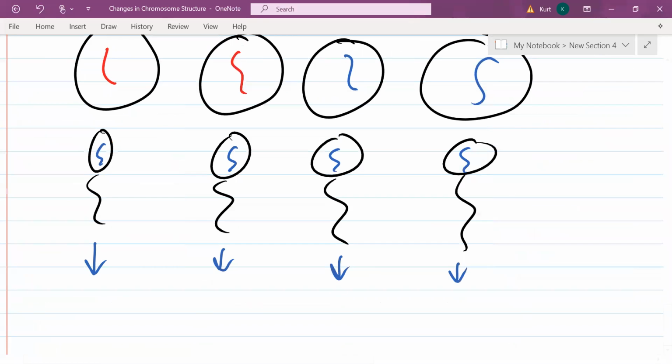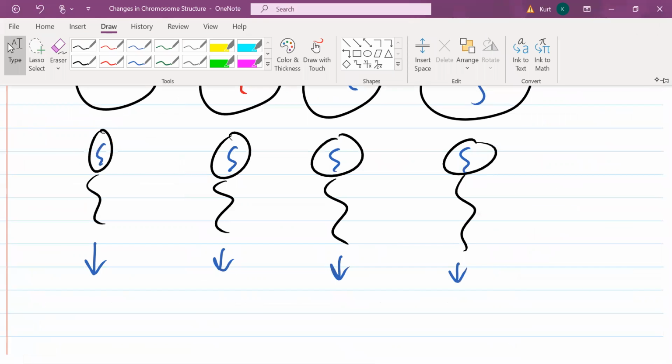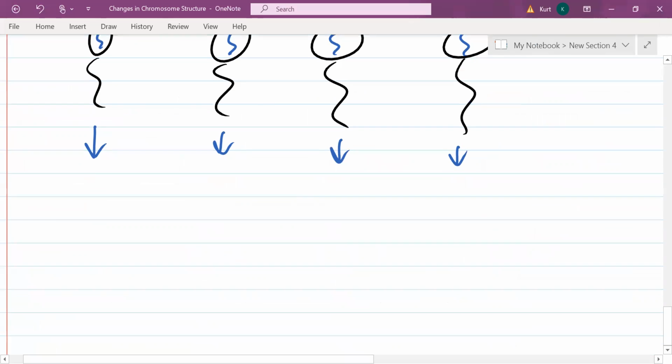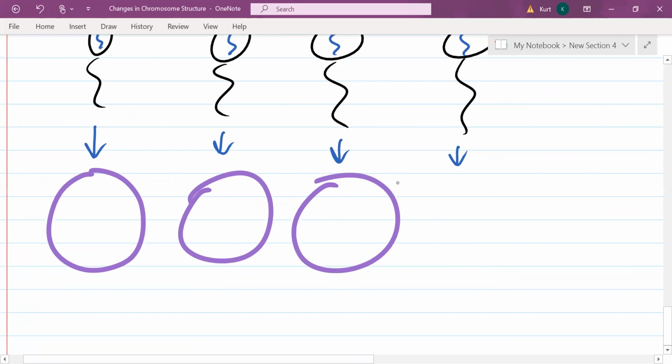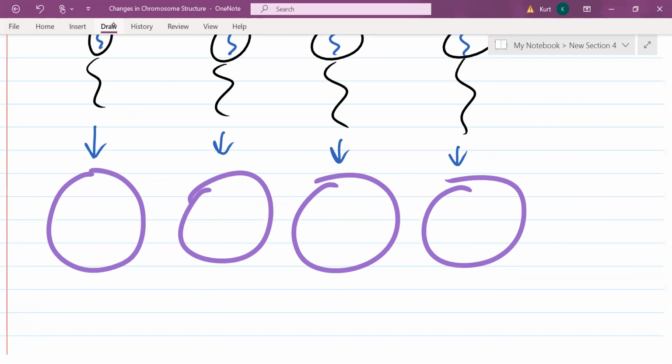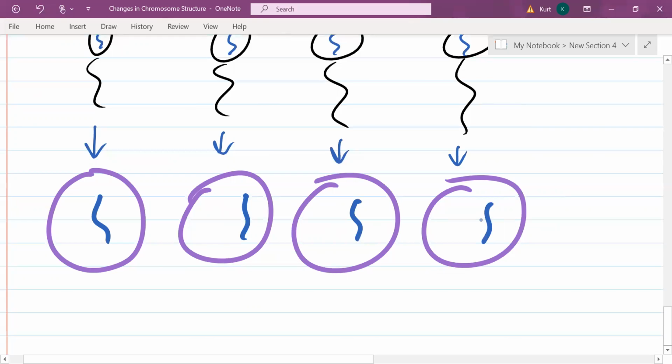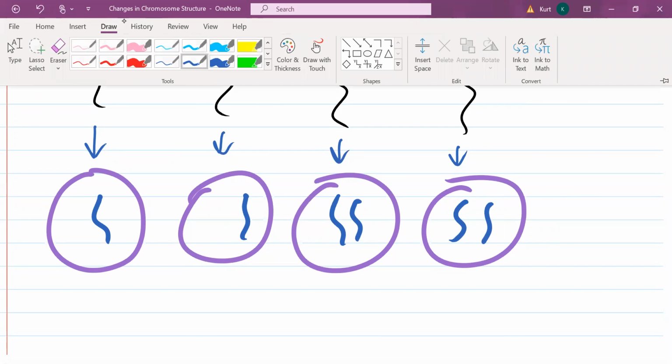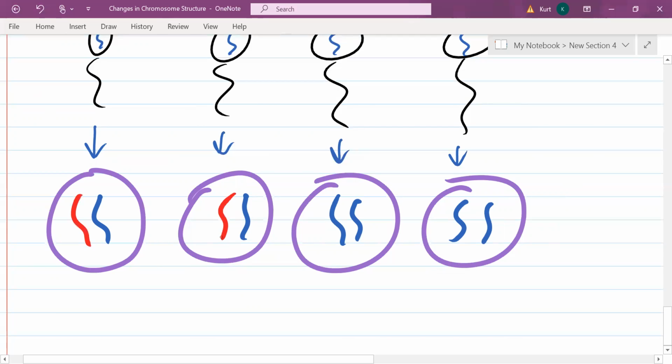Hold on a sec. Don't worry about the colors here, guys, necessarily. Just look at the number of cells.